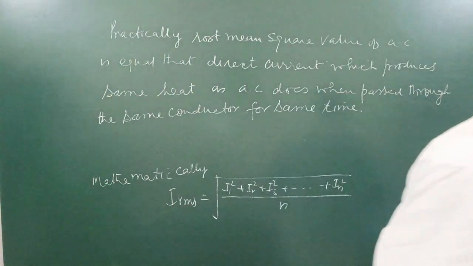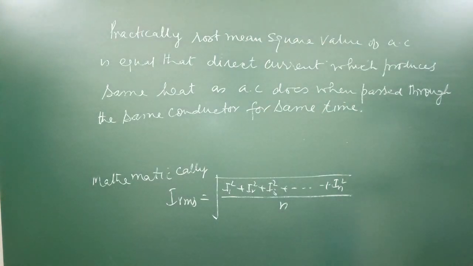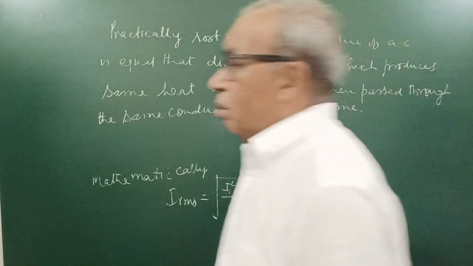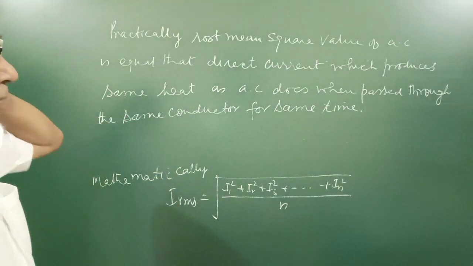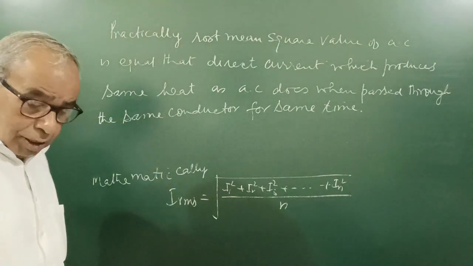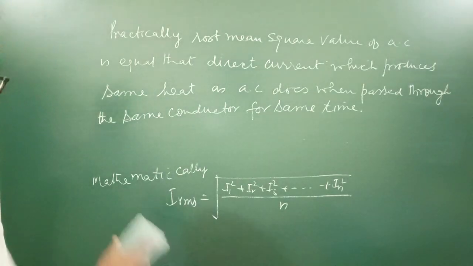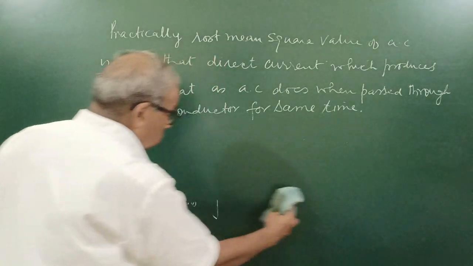Practically we measure in terms of direct current. That direct current which produces the same heat as AC does when passed for the same time through the same conductor, that value of DC is called the RMS value.